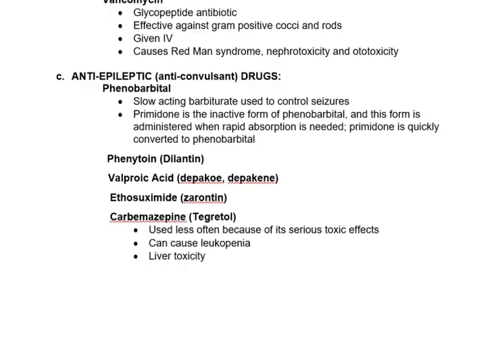Primidone is quickly converted to phenobarbital. Some other anti-epileptic drugs include phenytoin, also commonly referred to as Dilantin, and valproic acid, ethosuximide, and carbamazepine. And this one is used less often because of its serious toxic effects. It can cause leukopenia and liver toxicity.